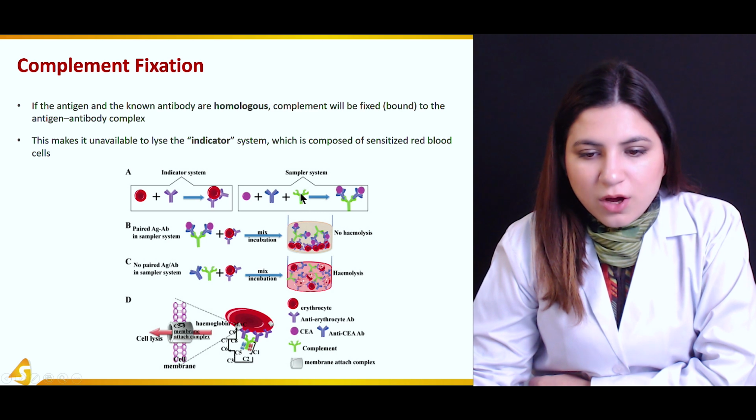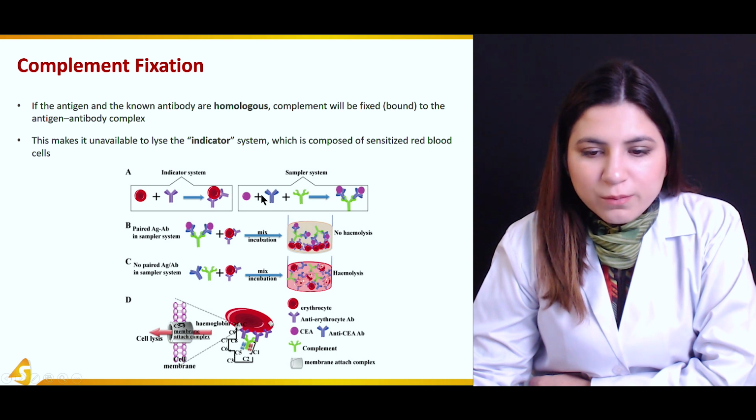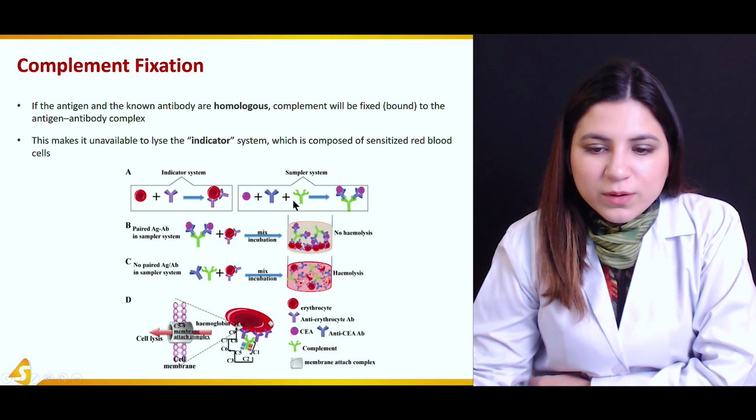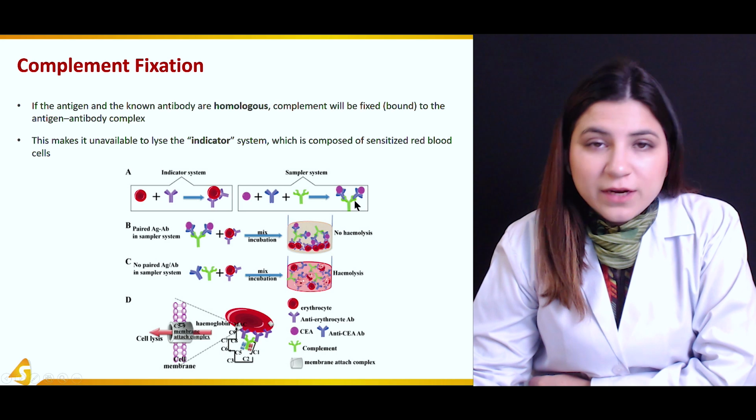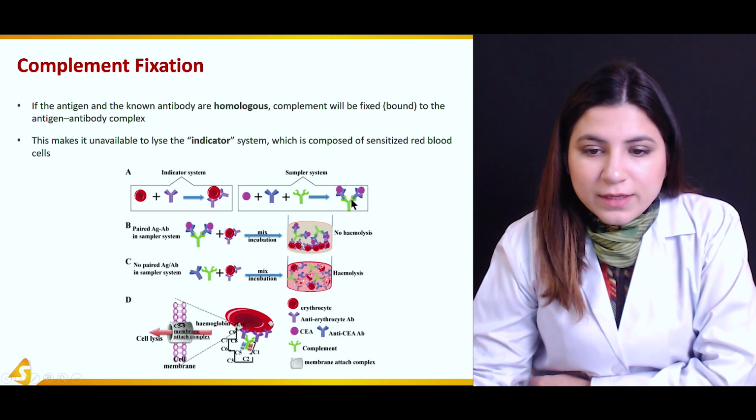And we have a fixed complement system. And if the antigen and antibody form a complex, then this complex will basically fix the complement, and it will get fixed or bound, and thus the indicator system won't be able to lyse it.